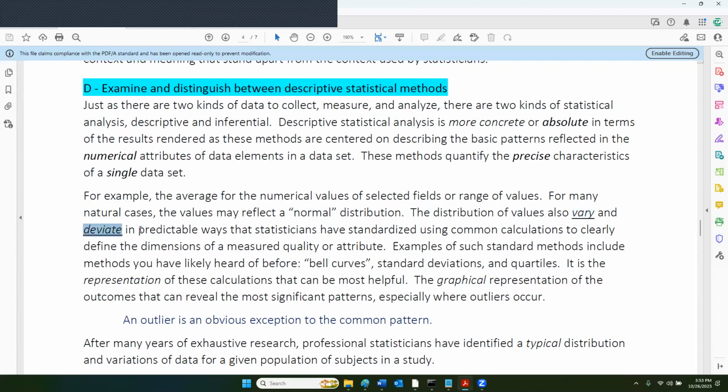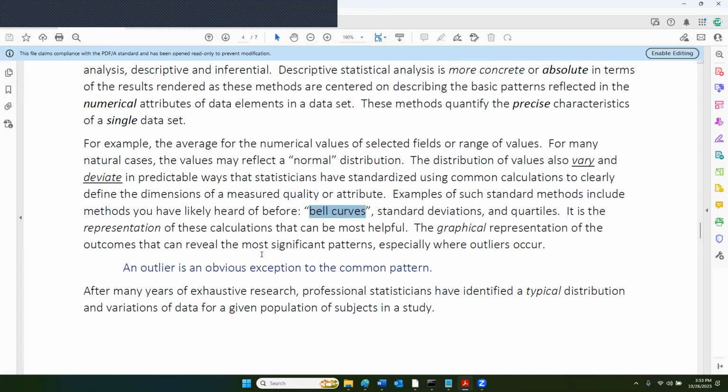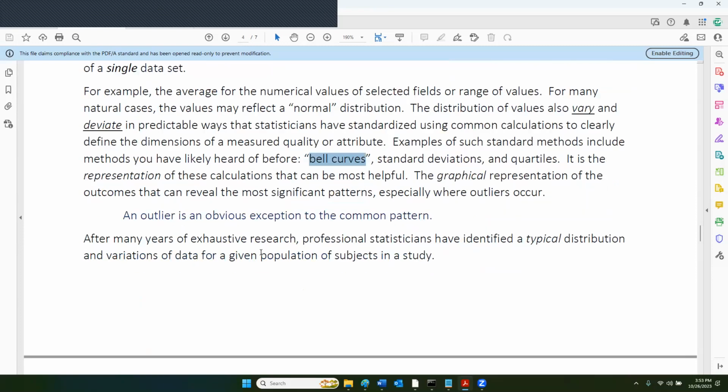And there's a predictable pattern, okay? In fact, when we have a completely normal distribution of data, statisticians say that we have a bell curve, and there's a standard deviation that is pretty predictable.